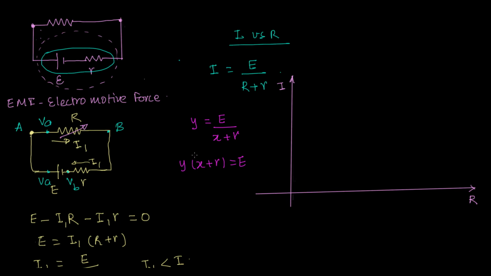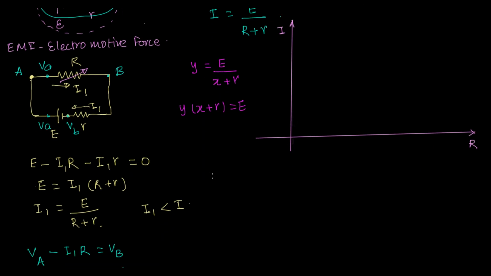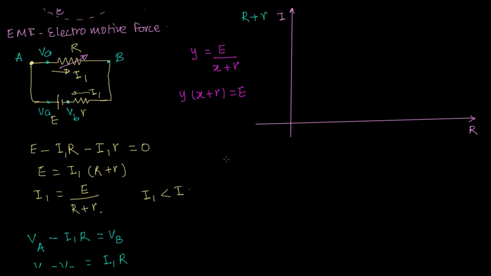First of all, will it be a straight line? Yes. The equation for a straight line is always a linear equation in two variables.